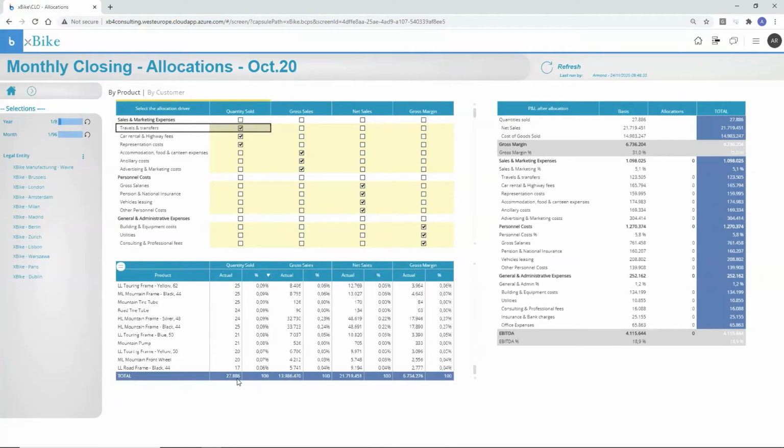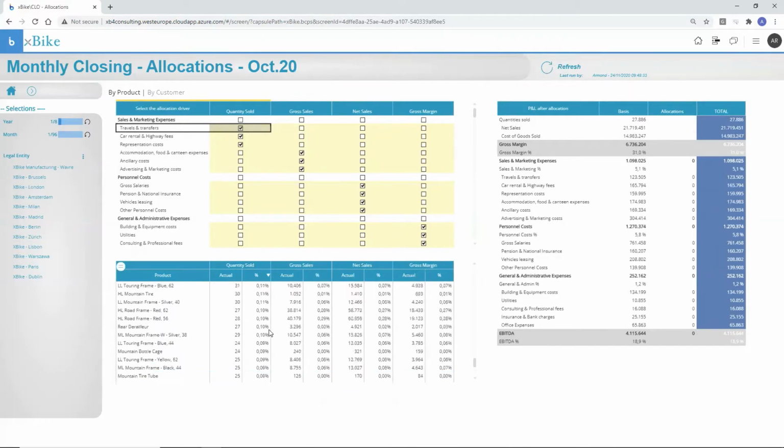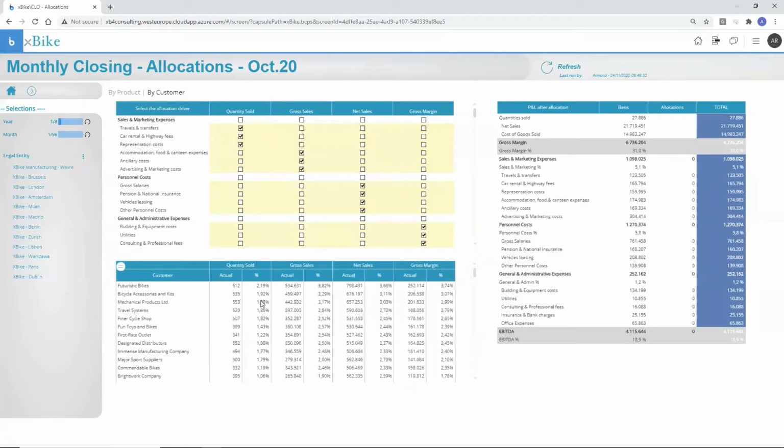So the 27,000 of products, that's my 27,000 of products here. And the 100% is the sum of all the individual percentages of each product. And I have the same information by customer. So I can really have a look at my allocation keys and decide which line to allocate with which driver.